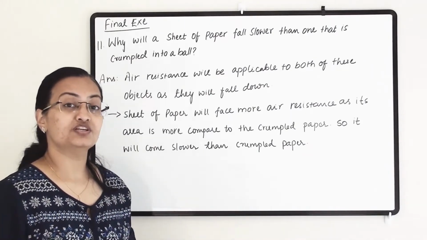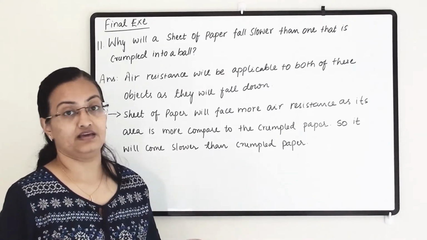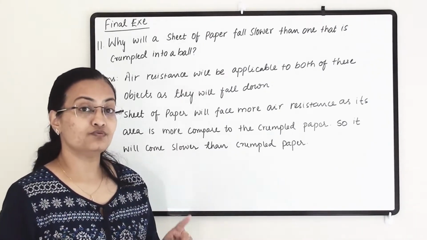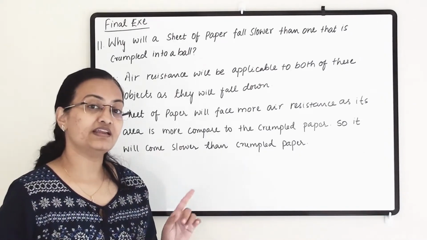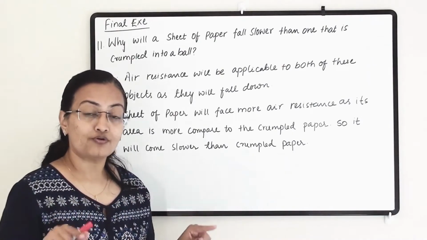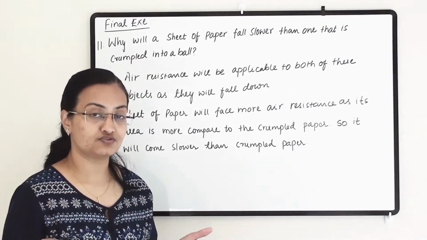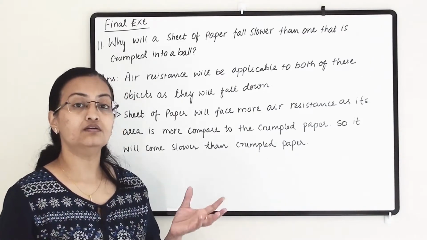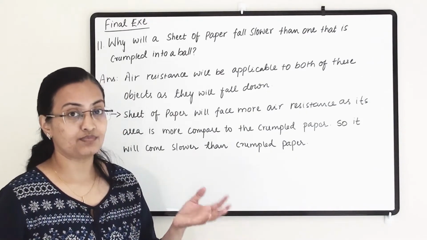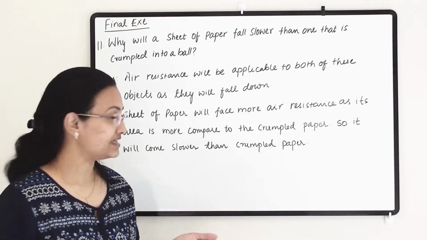When any object is falling, it will face a resistance from the air. That resistance is directly proportional to the area of the object. Now, the sheet of paper having a larger area will face more resistance from the air, whereas a crumpled paper, which is ball type, will face lesser resistance because of its lesser area.